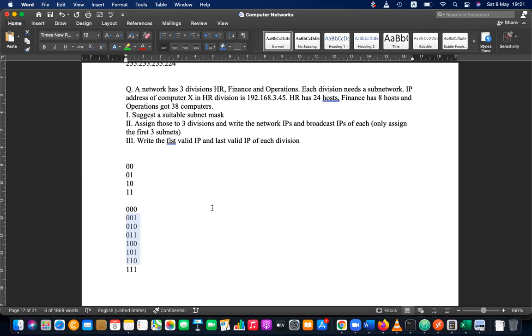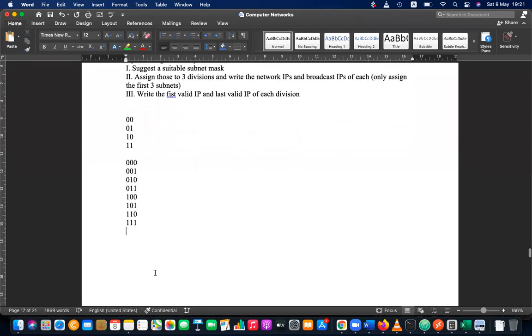6? 16? Try writing out 5 bits: 1 0 0 0 0 0, 0 0 0 0 1, 0 0 0 1 0 0 0, and so on. How many can you write? Is it 16 or 2 to the power 5? 32.